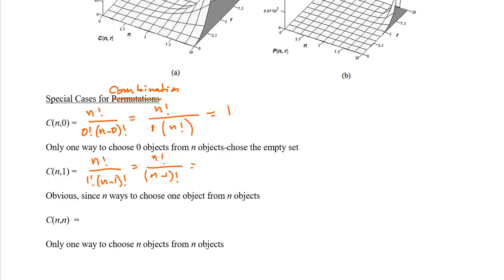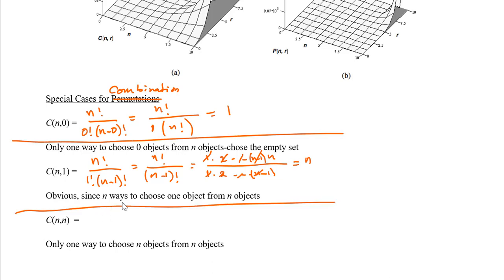If you remember, factorial is 1 times 2 times all the way to n. n minus 1 factorial is 1 times 2 times all the way to n minus 1. So if I simplify this, cancel everything, what I end up with is just n. And that's why there are n ways to choose one object from n objects.